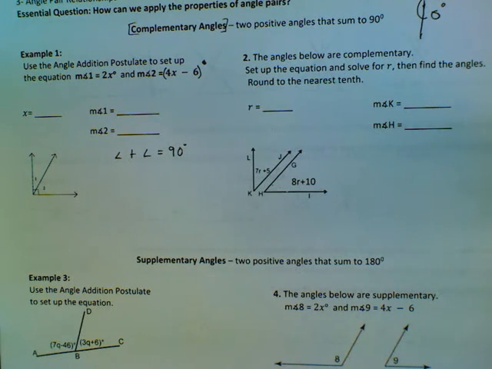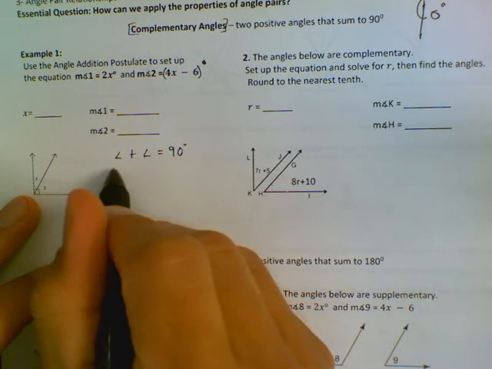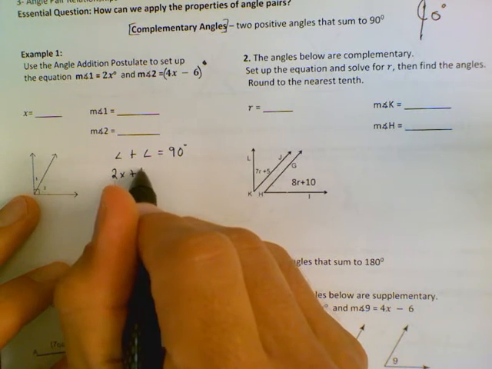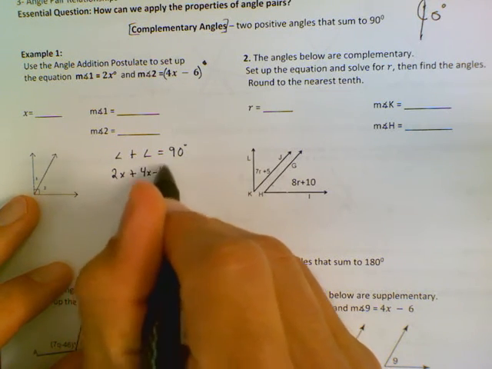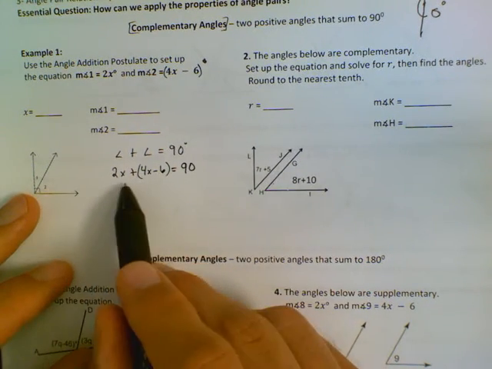Over there in the orange poster, you see it? The word complementary. So this is our formula that we're going to be using. One of these angles is 2x. One of these angles is 4x minus 6. All right, and they add up to 90.